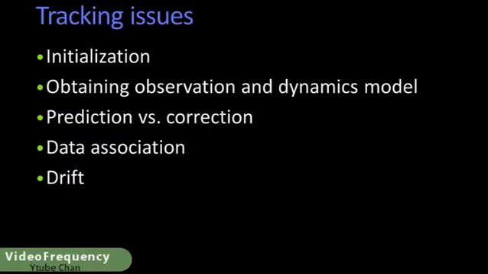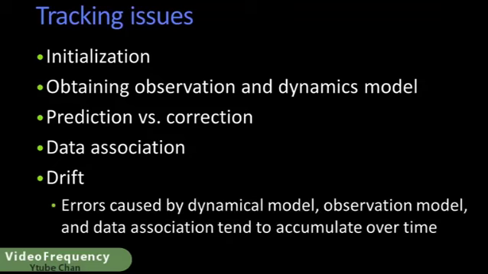The last issue is what's called drift, okay? Drift is the error that accumulates over time. What happens is you've got this dynamic model that's making a prediction, and you've got its sensor observation model, et cetera, and you're really caught with two choices, okay? And both of the choices are lousy.